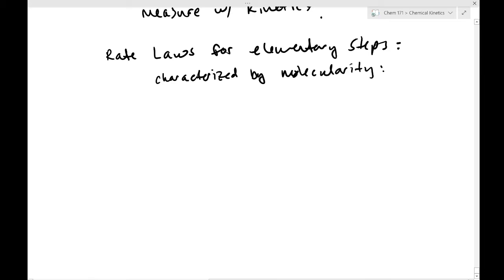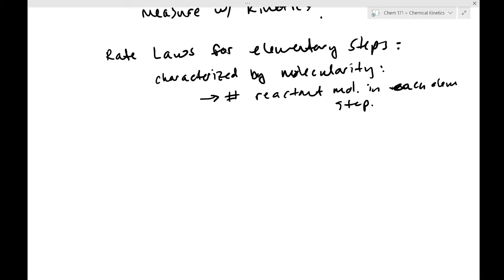Molecularity is the number of reactant particles involved in each elementary step. So the molecularity is simply the number of reactant molecules in each elementary step.